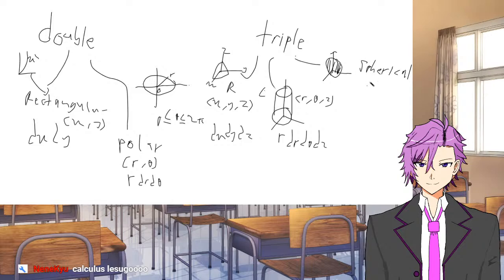Spherical coordinates. So the coordinates would be rho, phi, and then theta. My rho is terrible.